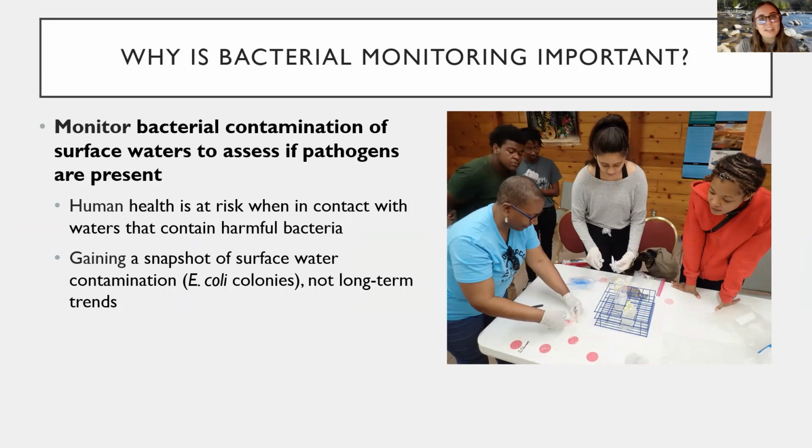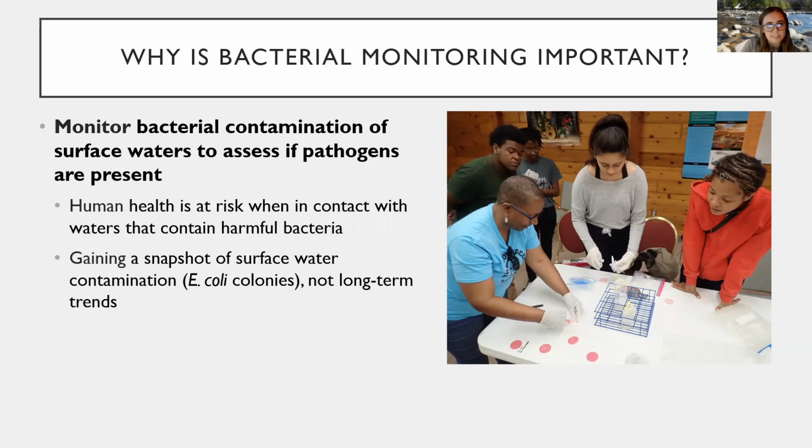So we've talked about all these things, and now we know how to get the certification, but why would we actually want to get that certification to start monitoring? Well, monitoring for E. coli can be extremely informative, as it can indicate when human health and potentially ecosystem health are at risk.